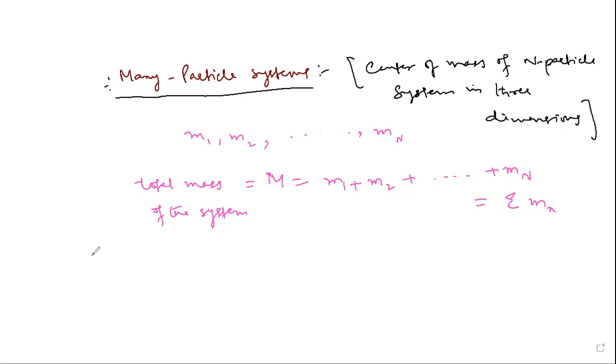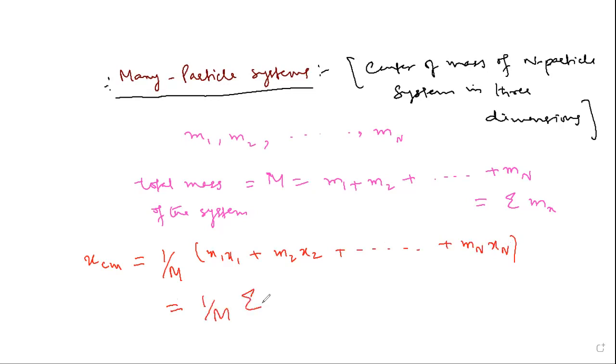So xcm, the x coordinate of the center of mass, is given by 1 over m times m1 x1 plus m2 x2 plus so on plus mn xn, or I write it in compact form: 1 over m summation m subscript little n x subscript little n, right?